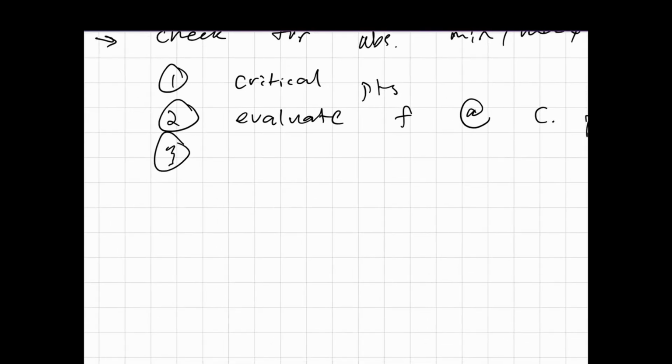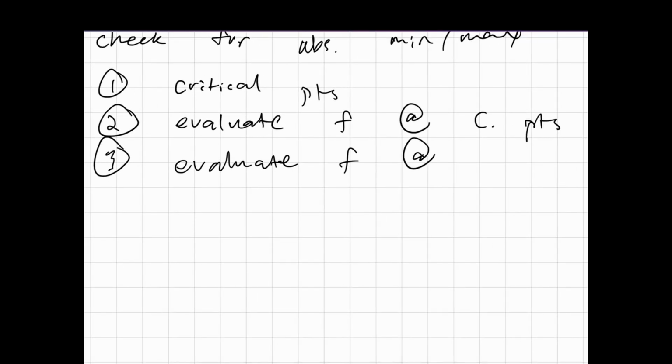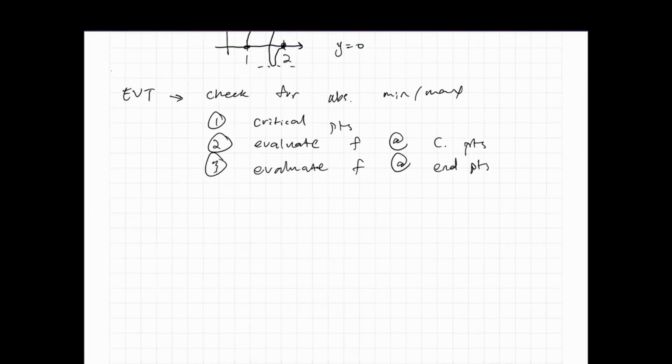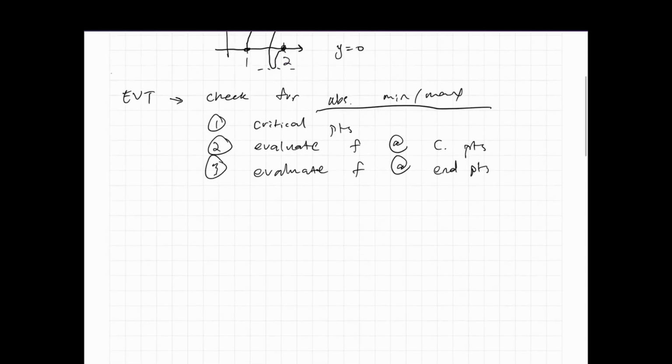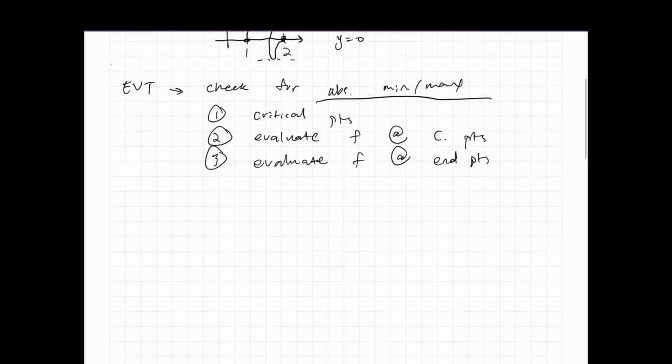And then the third is to evaluate the function at endpoints. And this basically tells us the absolute minimum and maximum for the function, assuming that the function is continuous. That's what the Extreme Value Theorem tells us.